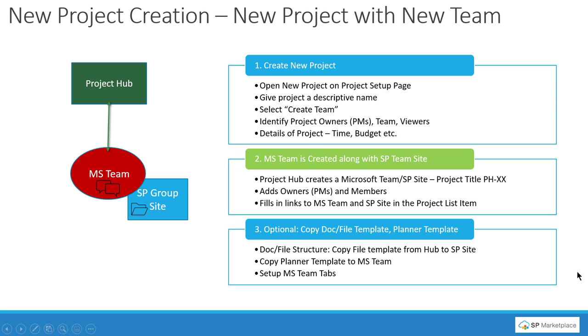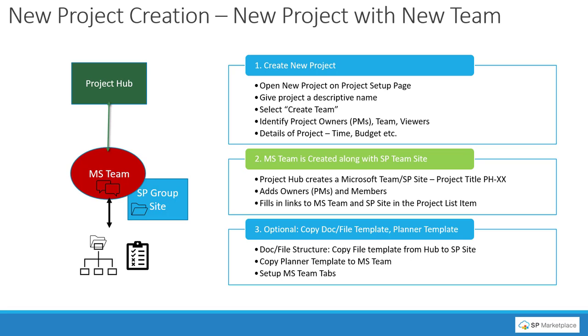But you also have an option with Project Hub to actually use a template for the document structure and even for Planner. So at this point, you can also go in and copy a document structure in, with even documents and folders in it, and you can actually copy in a planner template and attach it to the MS team and set up MS team tabs.